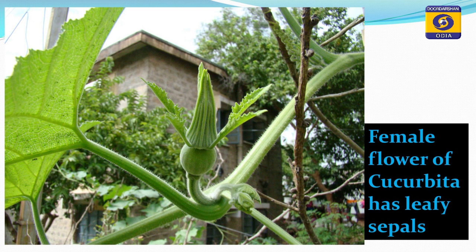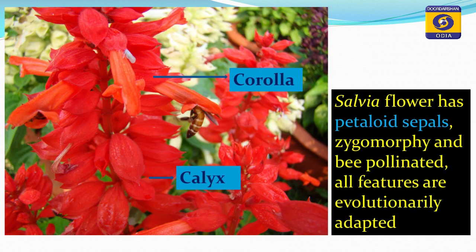And this is a female flower. As I told you, in certain flowers the sepals become petal-like, they are petaloid sepals. The main reason is attraction, to attract the pollinators.